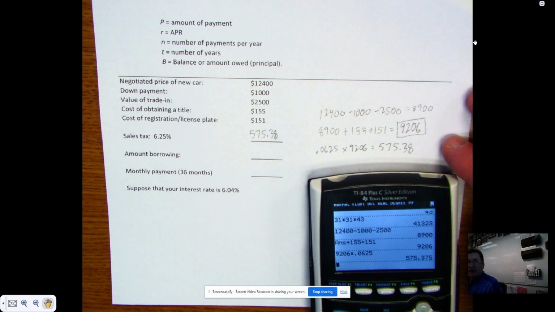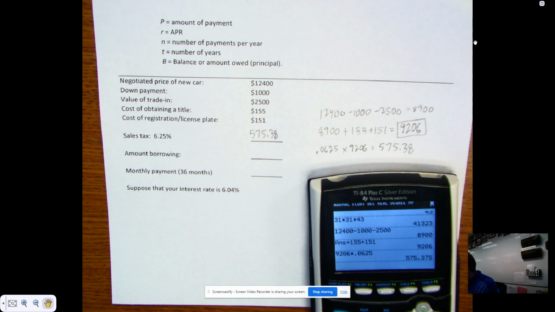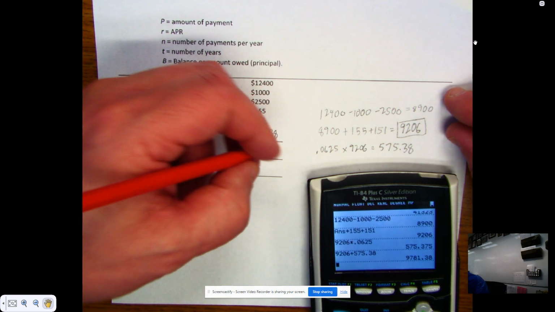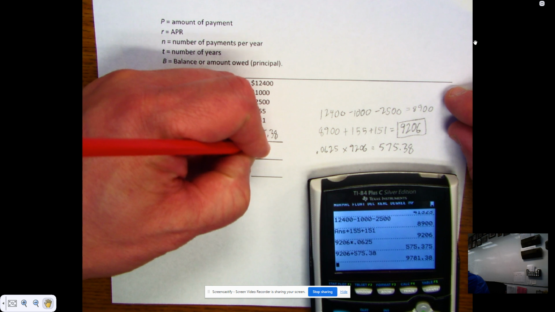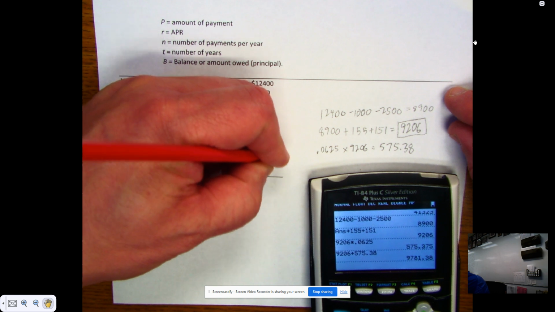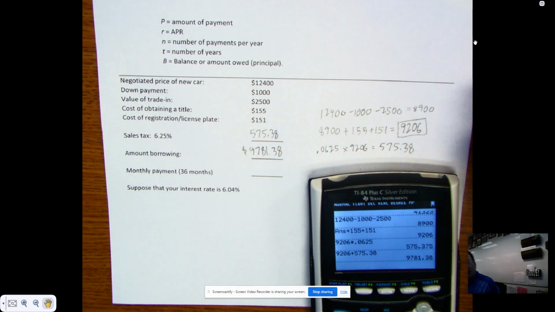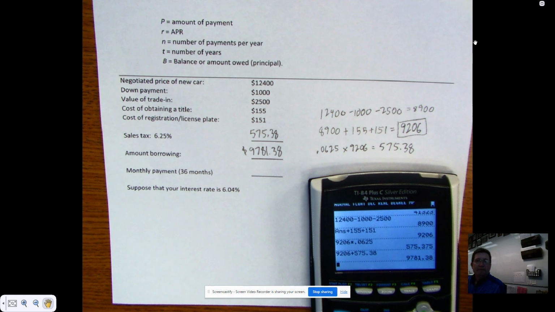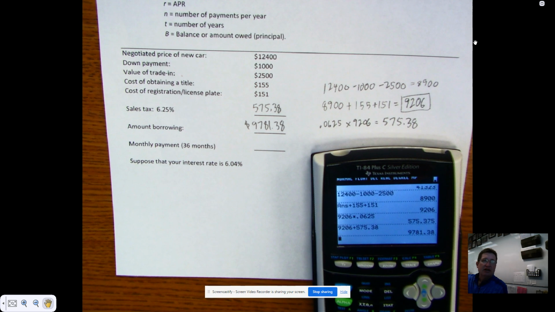So we're going to take 9,206 and add 575.38, and that's 9,781.38.